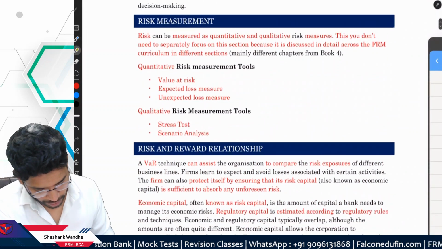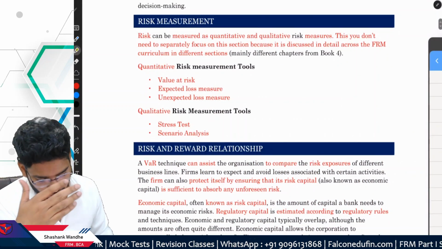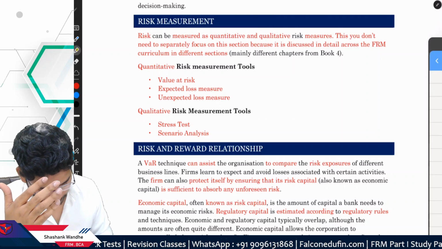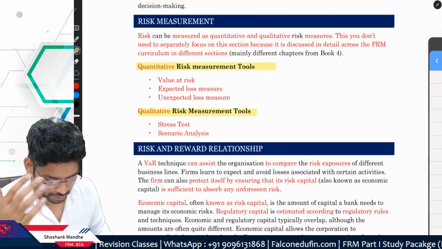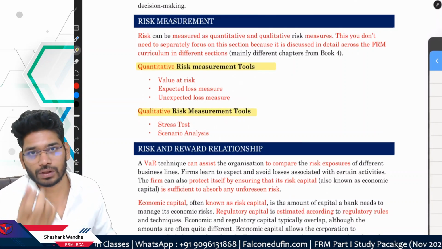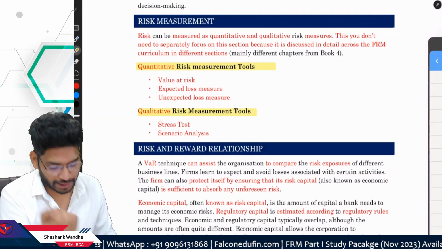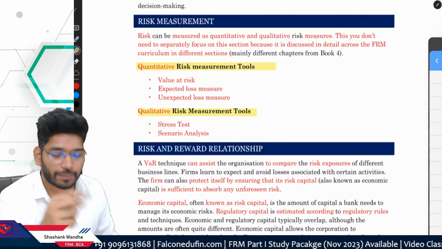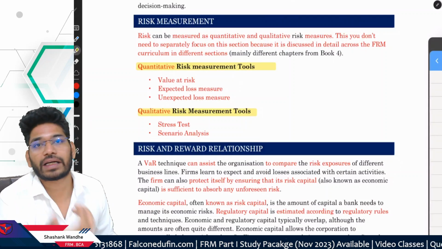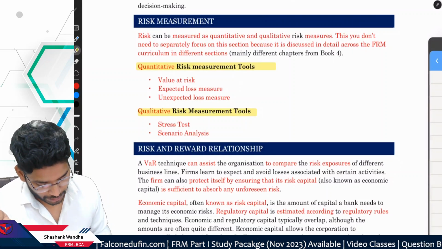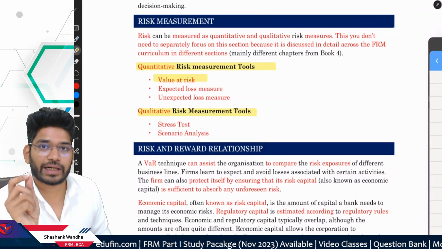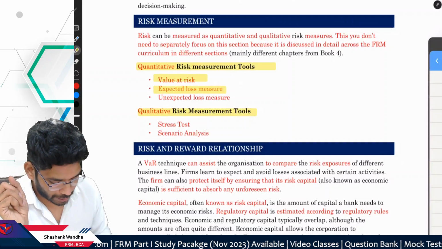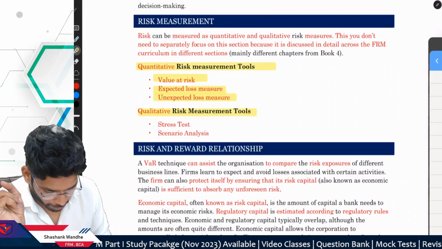Then there are two types of risk management tools. First is the quantitative tool, where we actually measure the risk, and the qualitative tool, where we qualitatively identify the risk. In quantitative measures we have value at risk, expected shortfall, and unexpected loss measure.